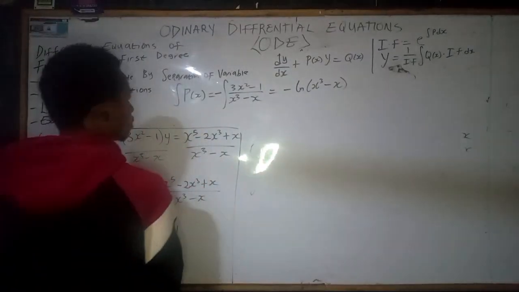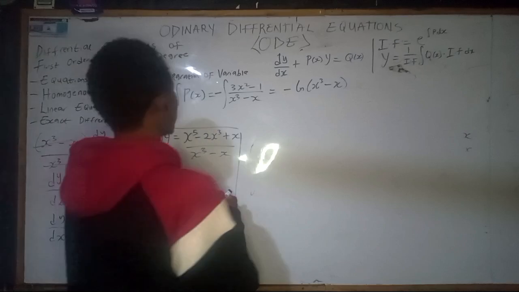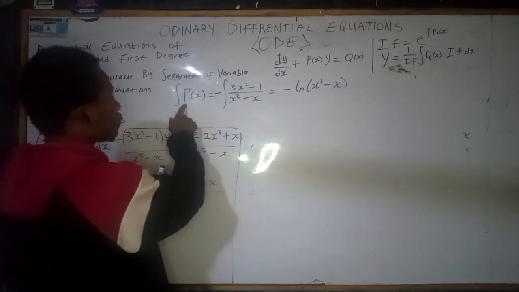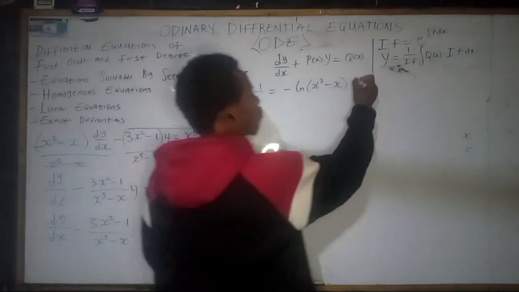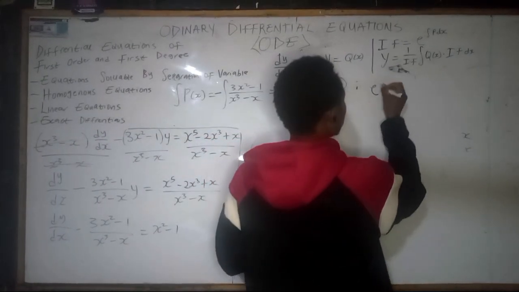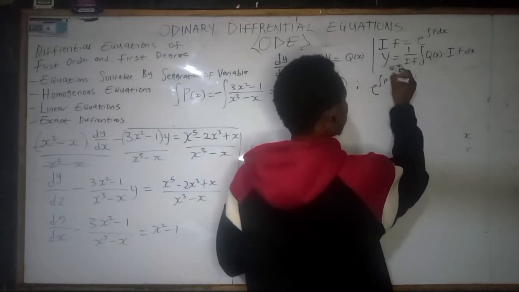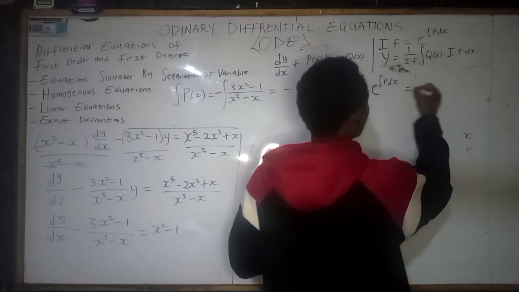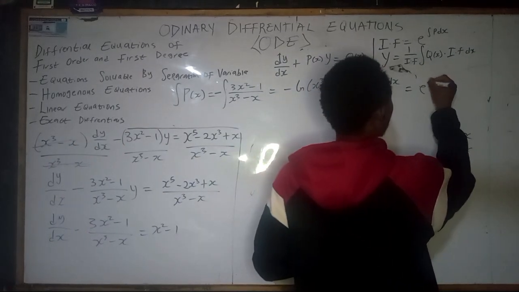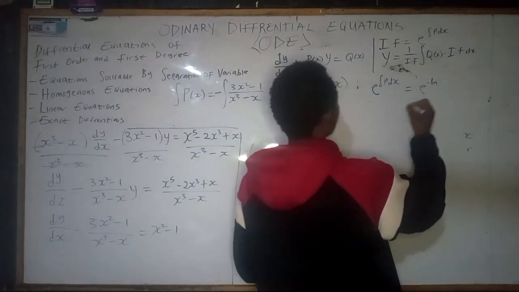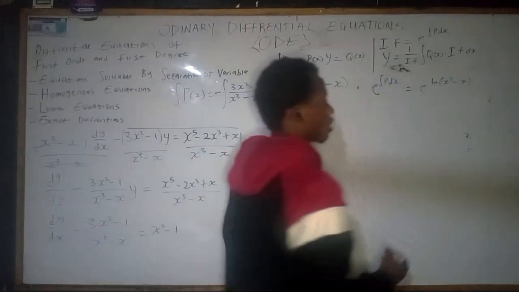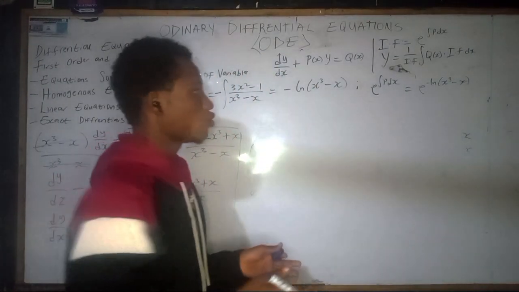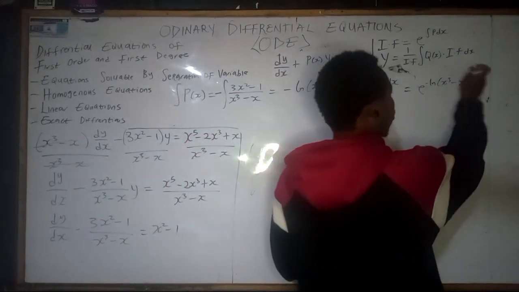And then when we have it as ln of x cubed minus x, what we need as our integrating factor is e raised to the power of the integration of this. So therefore, we have e raised to the power of the integration of p of x will be equal to e raised to the power of minus ln of x cubed minus x. And ln is a logarithm, so the negative can come over here.